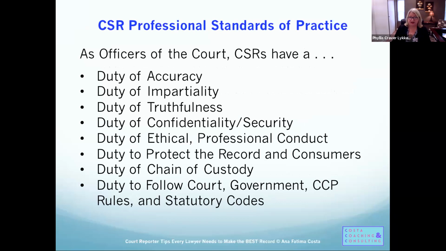But they do have a duty of accuracy, impartiality, truthfulness, a duty of confidentiality and security, a duty of ethical professional conduct, a duty to protect the record and consumers, a duty to control the chain of custody of their transcripts from the moment they create them until they certify their accuracy and deliver them to the clients who requested them, a duty to follow court, government, and CCP rules and statutory codes, whether it's a federal case, which has different rules than state cases.